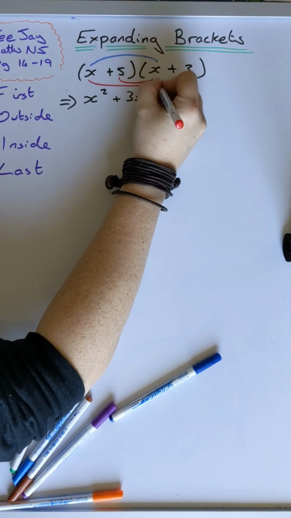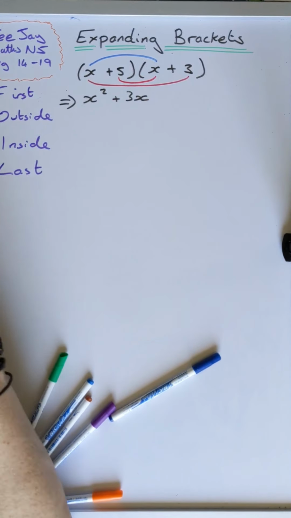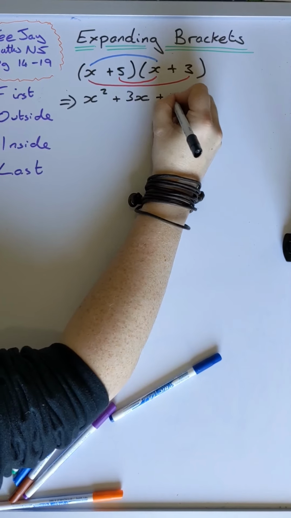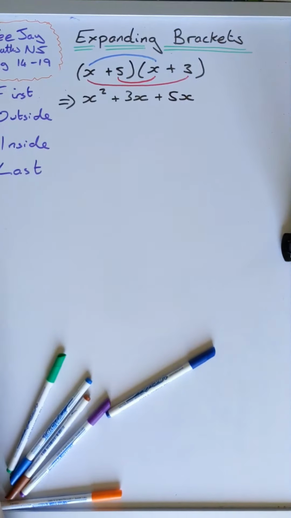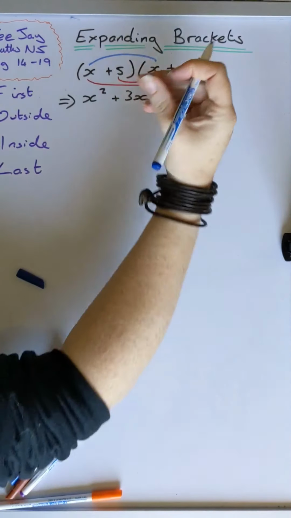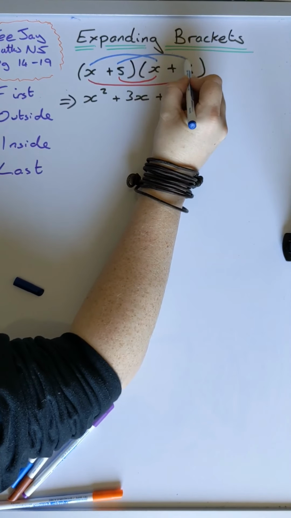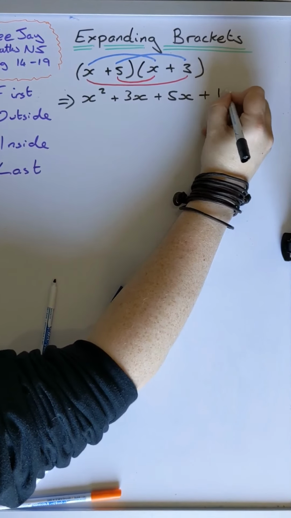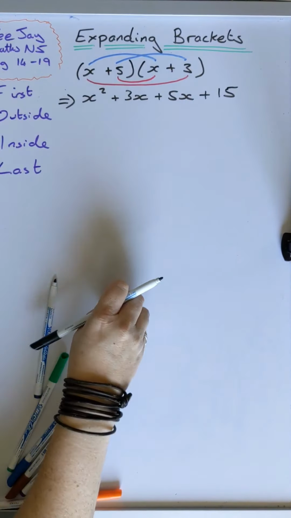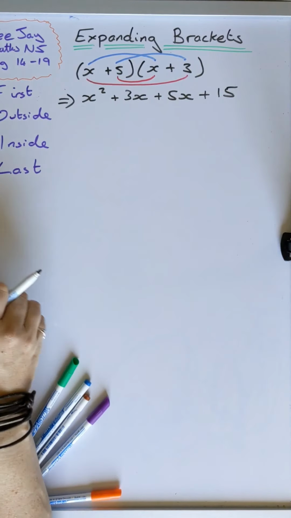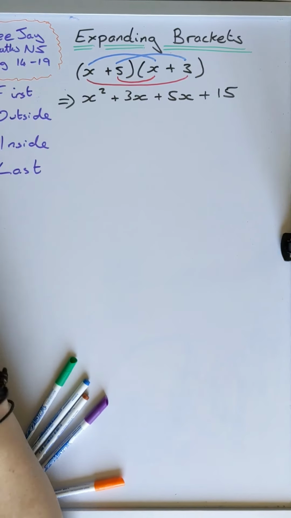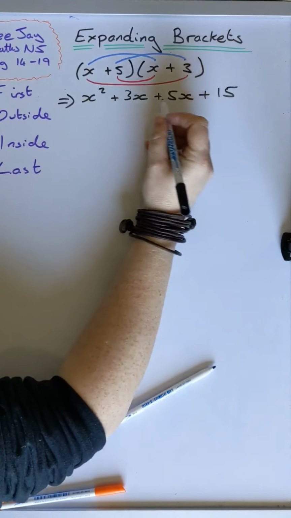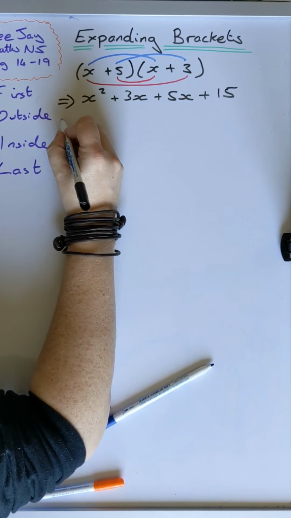Inside, 5 times x. And then last, 5 times 3. Now, what I want you to do at this point is to collect your like terms.